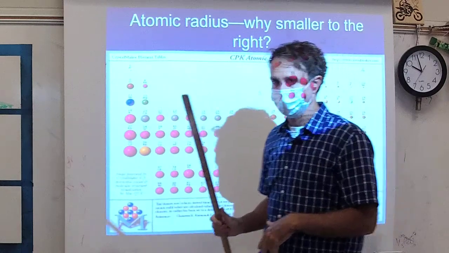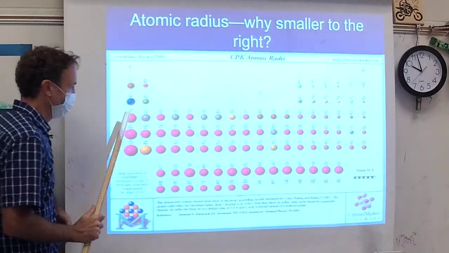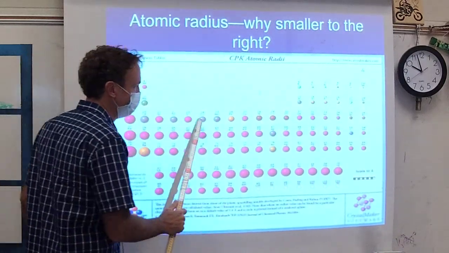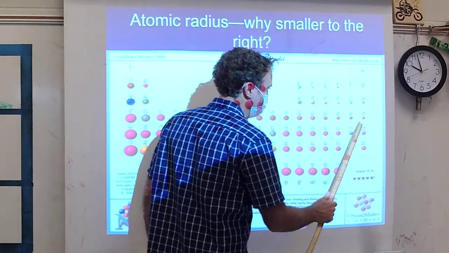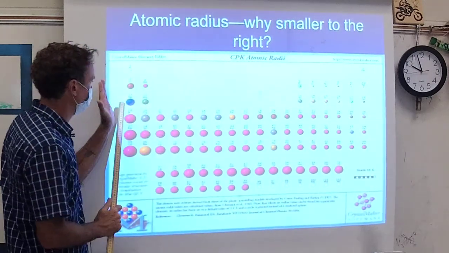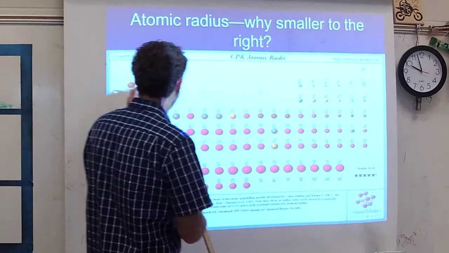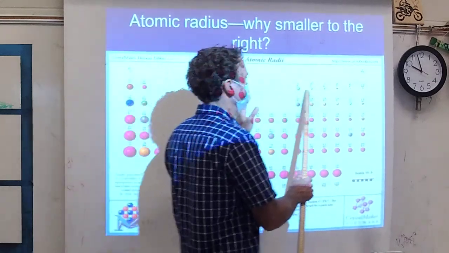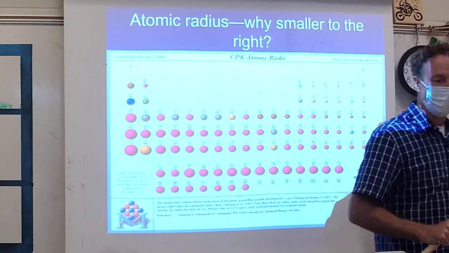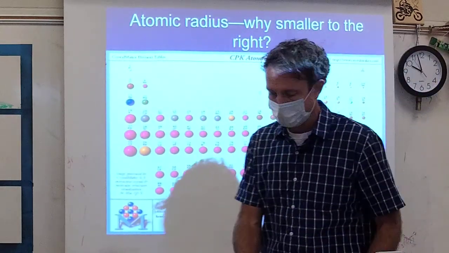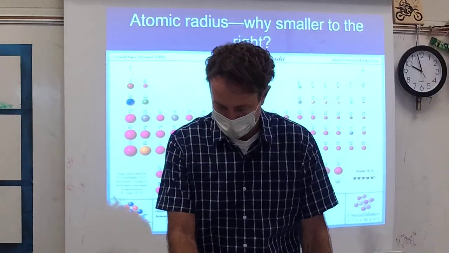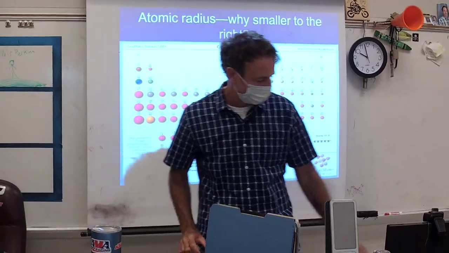So if we look here, as you go across a period, the atoms get smaller and smaller. Look, you go from left to right, bigger and smaller. Bigger and smaller. And that's not what you would expect if you were just glancing at a bunch of Bohr models like we're going to do now.